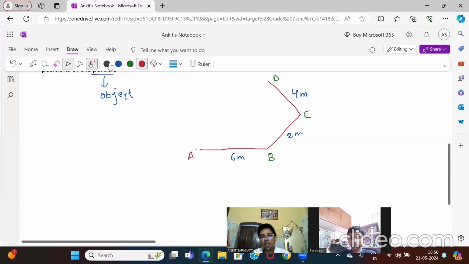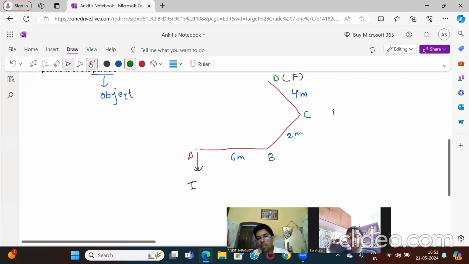Now, this is the initial position. This is the final position. Clear? I means initial, F means final. My car started from A, it reaches B, then B to C, then C to D. Then what is the meaning of distance?